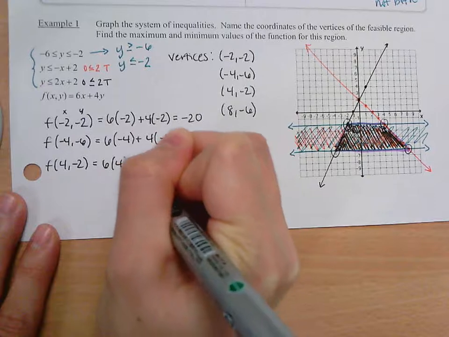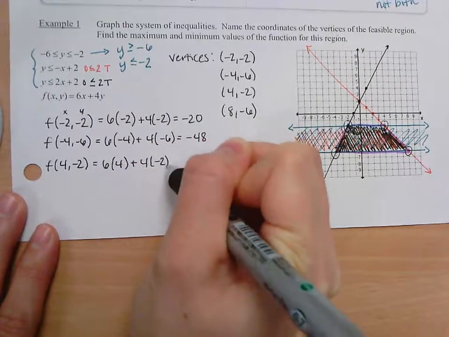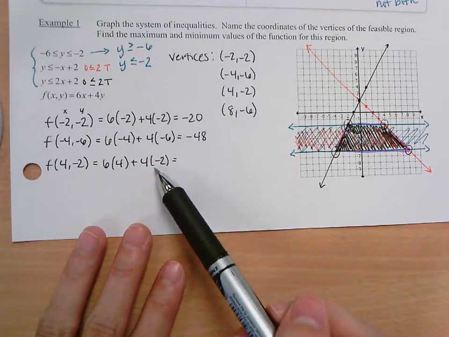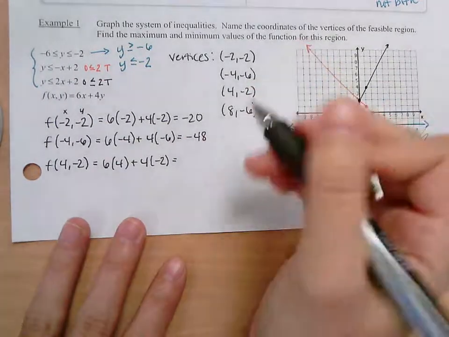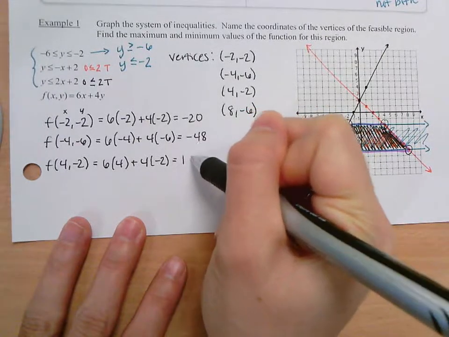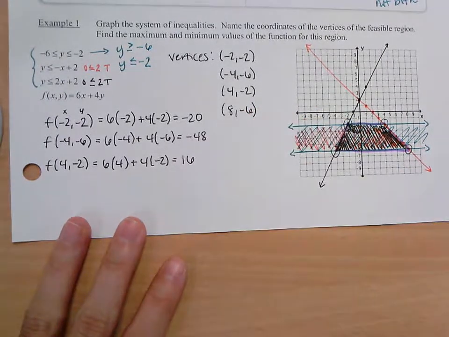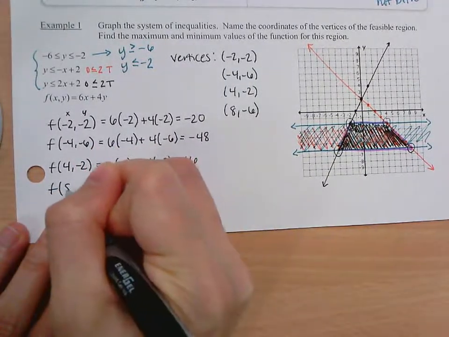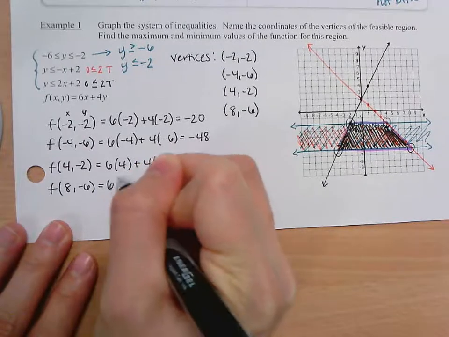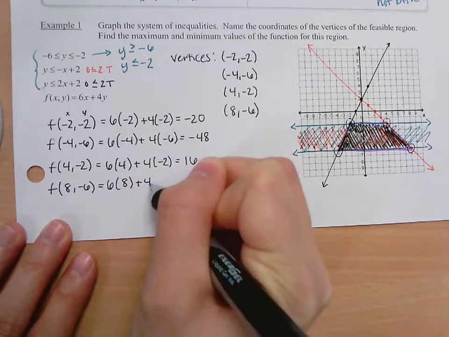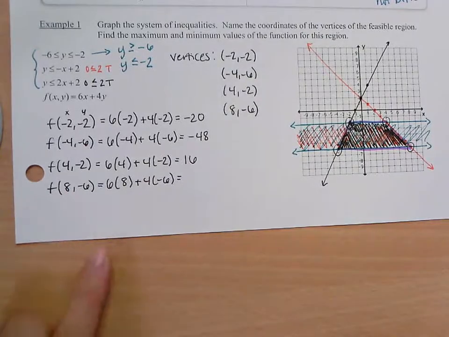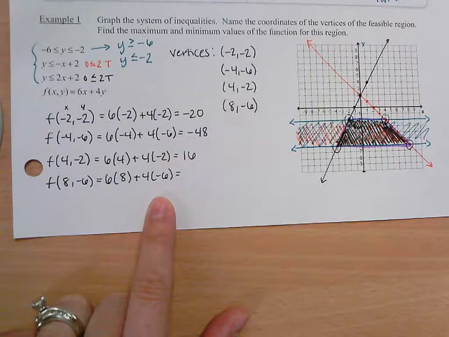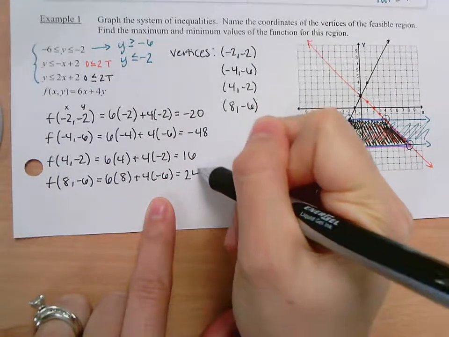So 6 times 4 plus 4 times -2. So that would be 24 plus -8. So 16. And then the last one, 8, -6. So 6 times 8 plus 4 times -6. So that's 48 plus -24, which would be positive 24.